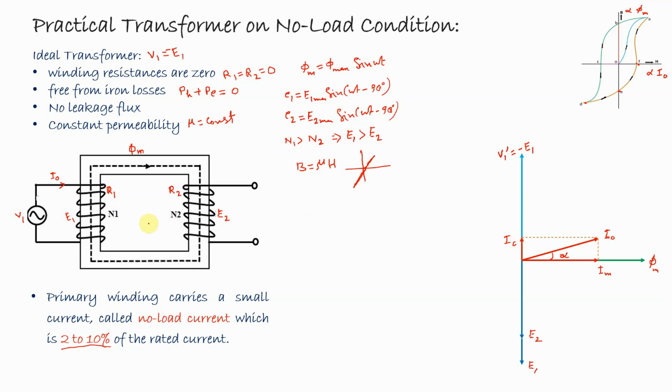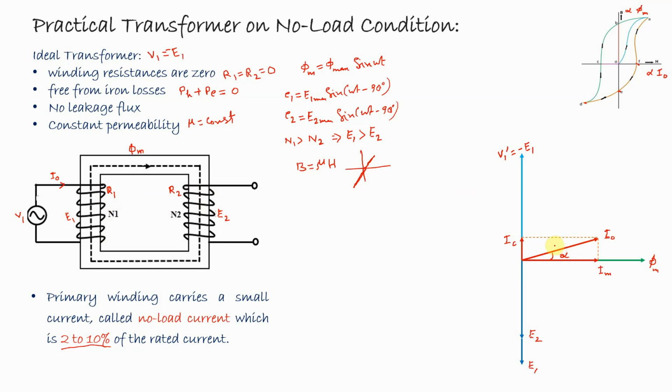Now, in the primary side, the current I naught is flowing through the primary number of turns N1, and the resistance of the primary winding is R1. So definitely there will be a voltage drop in the winding of the transformer, and as it is in the resistive element, this voltage drop should be in phase with the current I naught.